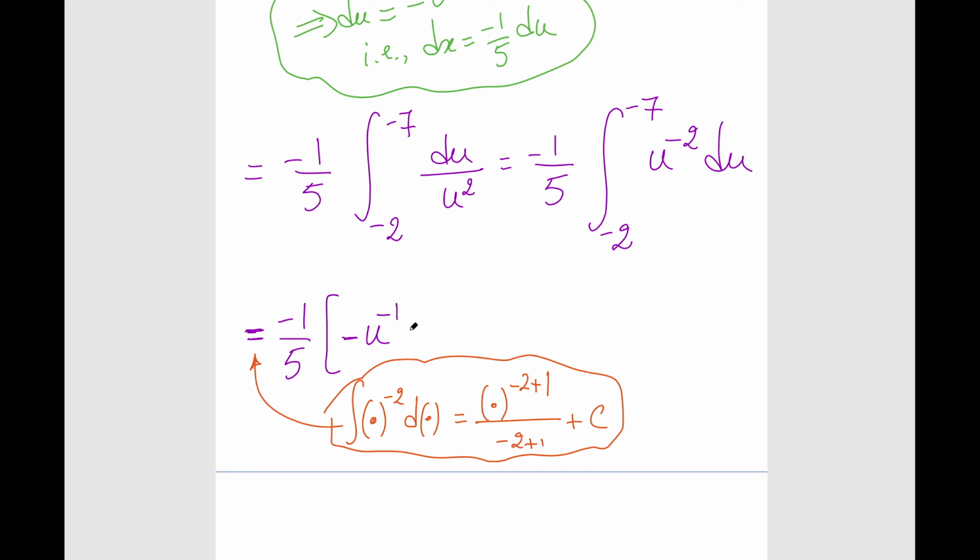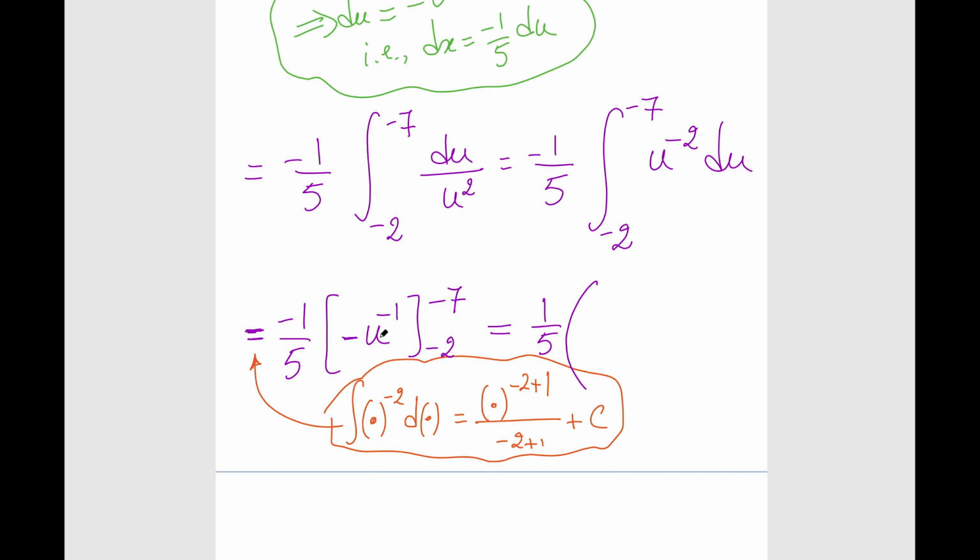Very good. And this is going to be taken between minus 2 and minus 7, right? I'm going to take the constant to be 0 because this is a definite integral here, and they're going to cancel. If you choose something else, they're going to cancel, as we talked about in the previous section. Then what? The minus with the minus, they're gone. So 1/5 times u to the power negative 1, which means 1 over u.